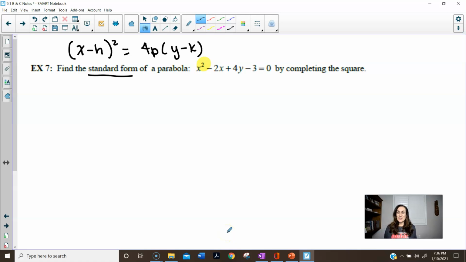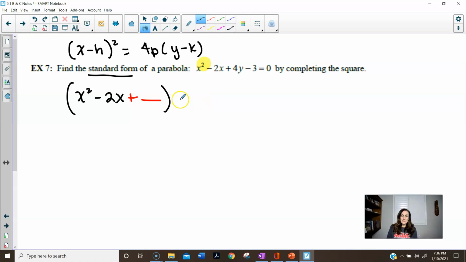In order to get it to look like that, we're going to do some completing the square, just like we did with circles. So you have x squared subtract 2x, and then you're going to do plus something when you complete the square. That's going to be our x subtract h quantity squared part.